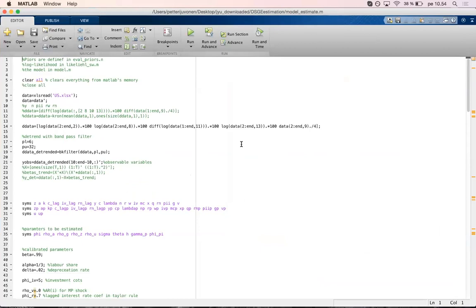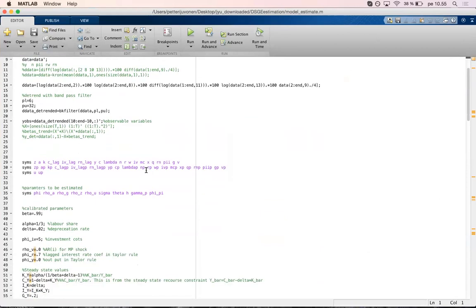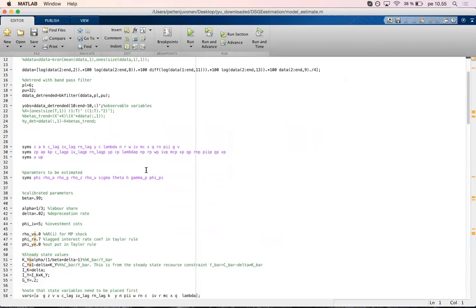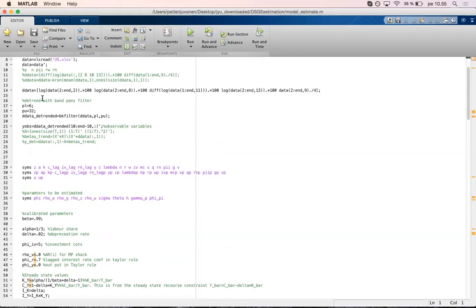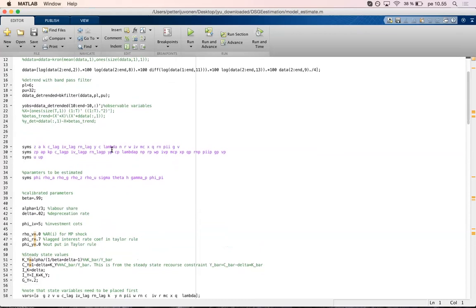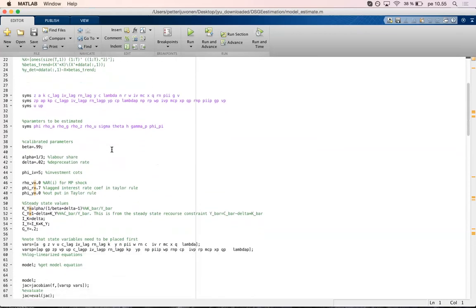Okay, this is a MATLAB code to estimate the DSGE model. What it contains is, first, it downloads the data. It defines some calibrated parameter values.